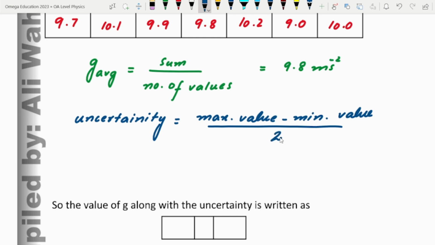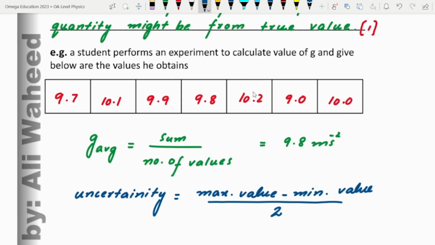So what was the maximum value that you have in the data? The maximum value was 10.2. And what is the minimum value that you have? Minimum, it is a 9, no sorry, we have this one also, 9.0. So this is the minimum, 10.2 is the maximum.